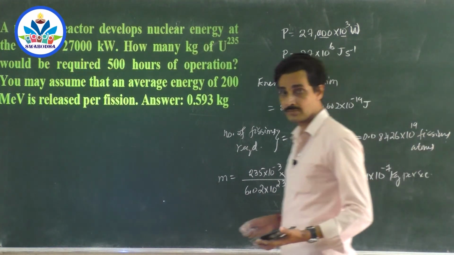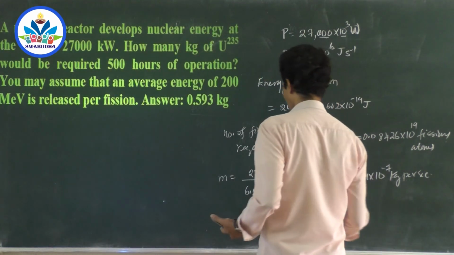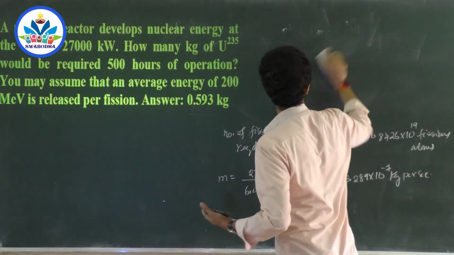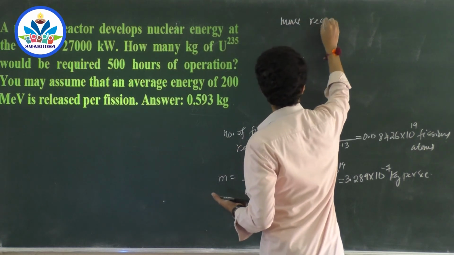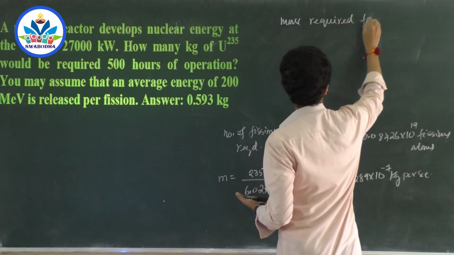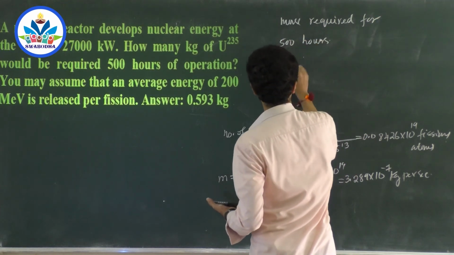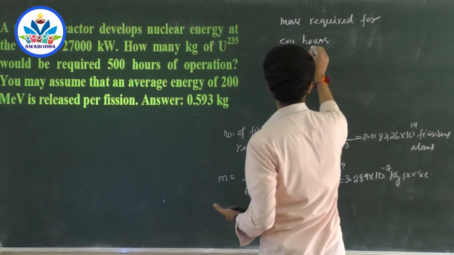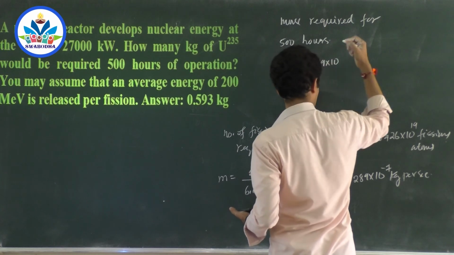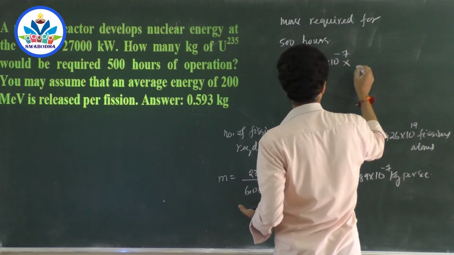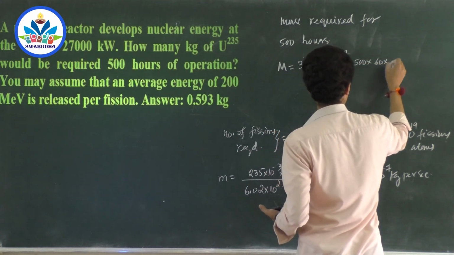So what is the mass required for 500 hours? Shall I write it here? Today I have to adjust with both. Mass required for 500 hours: M is equal to, this is per second, 3.289 into 10 to the power minus 7 kg into 500 hours, 60 seconds, 60 minutes.